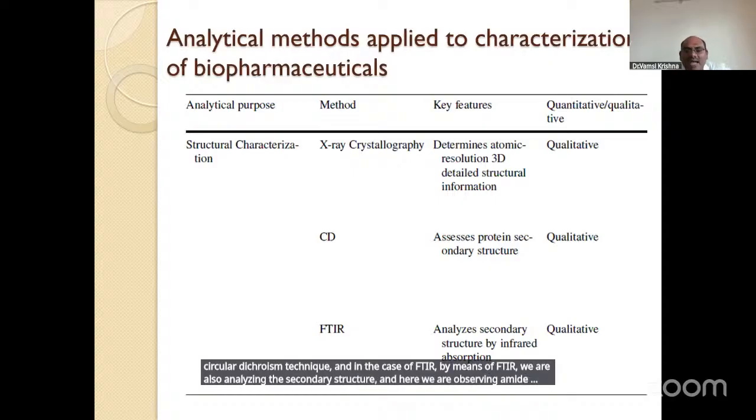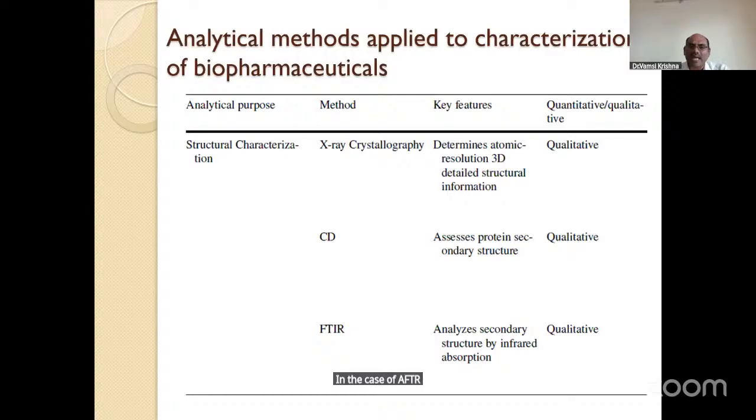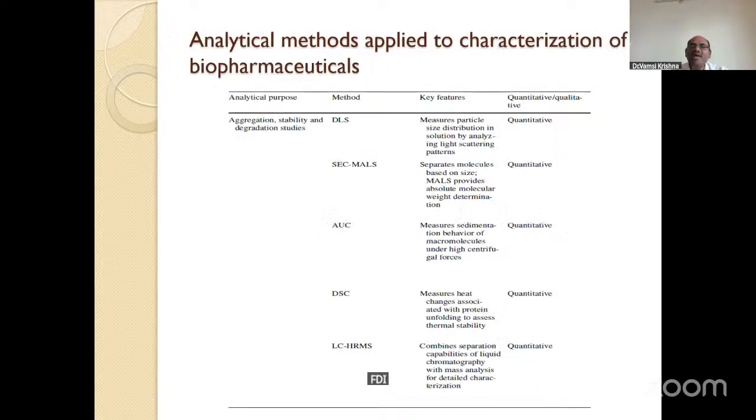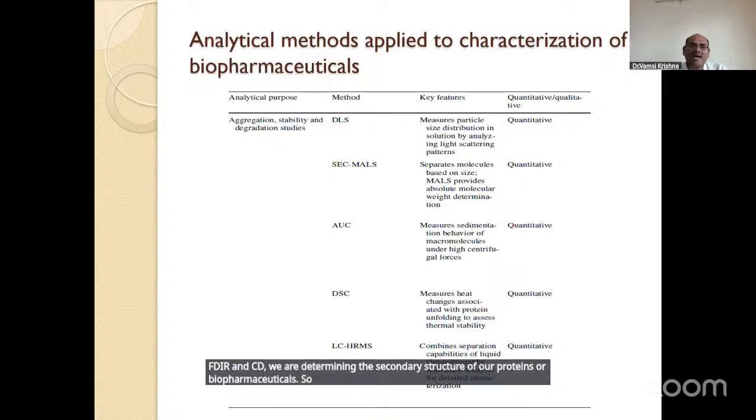In the FTIR spectrum, we observe the amide bonds of our biopharmaceuticals. So by means of FTIR and CD, we are determining the secondary structure of our proteins or biopharmaceuticals. Those are the analytical techniques we use for structural characterization.